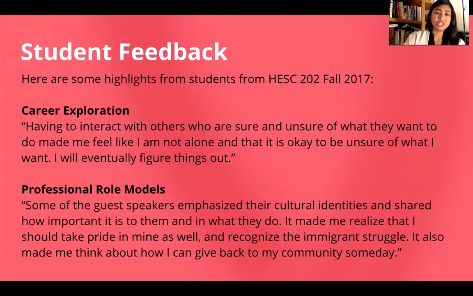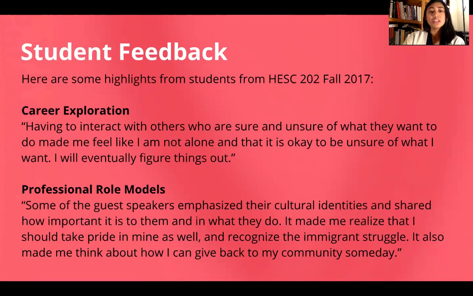So career exploration: "Having to interact with others who are sure and unsure of what they want to do made me feel like I am not alone and that it is okay to be unsure of what I want. I will eventually figure things out." So this class is great whether you are still trying to figure out what career you want to pursue, or if you already know and you just need to get your plan together. Either way, this class will help you progress in that journey.